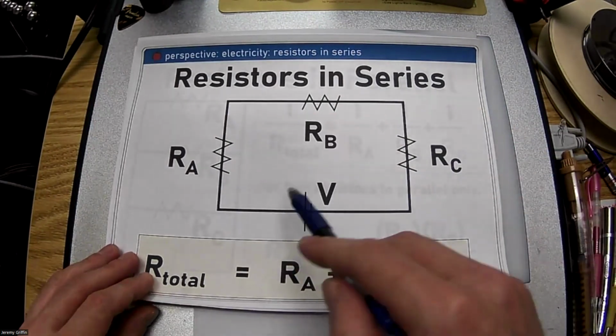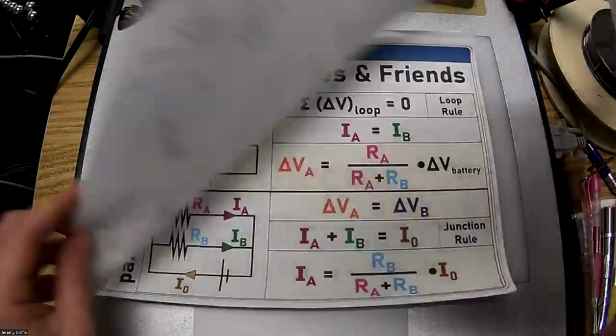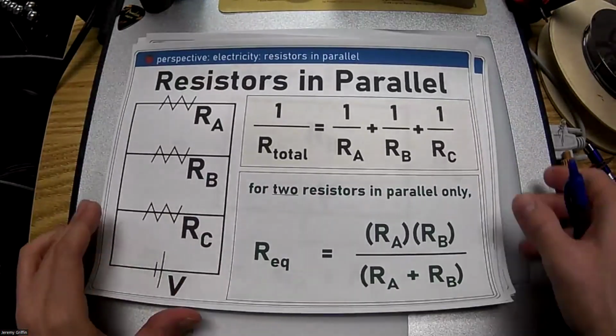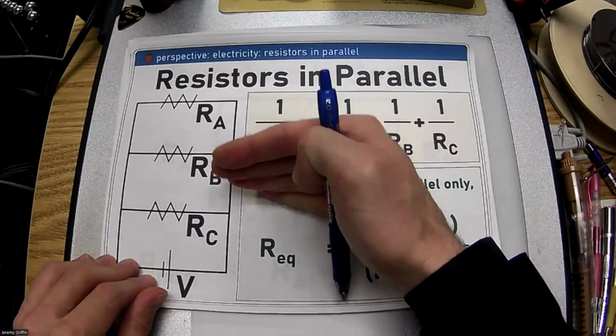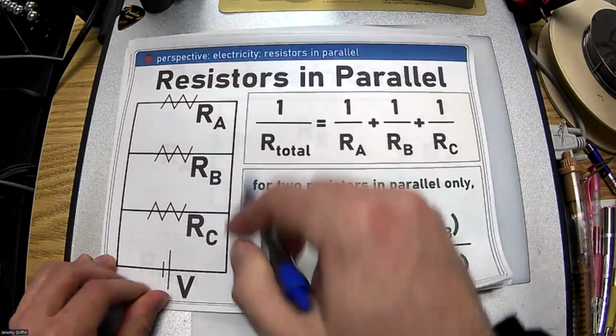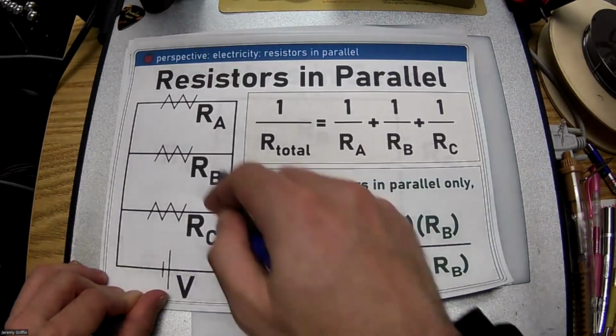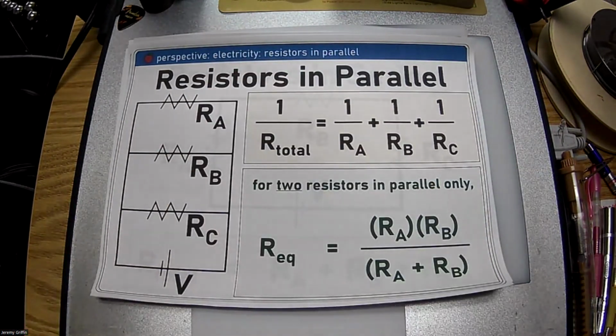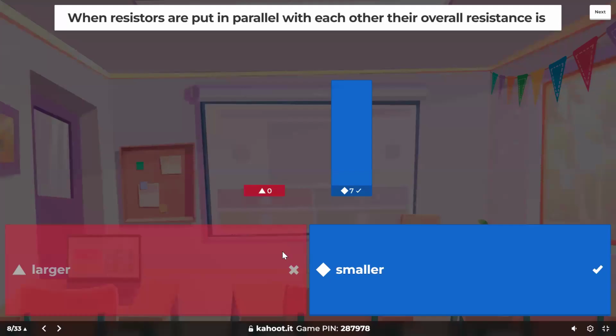That makes it harder to drive around, so that's even more resistance. But in parallel, like rungs of a ladder, every time you open up a new street and put a stoplight on it, it actually makes it easier to drive around town because you have more options. That's another perspective on why the overall resistance decreases when you put resistors in parallel.